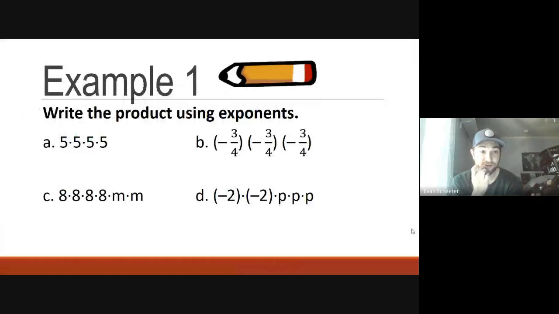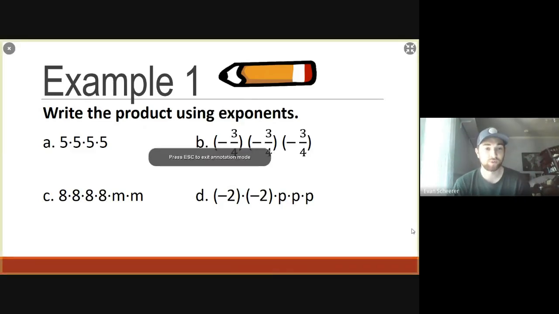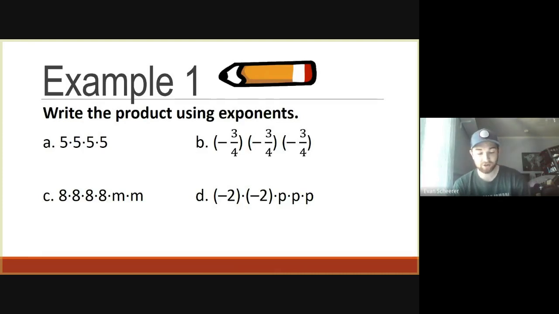So example 1, write the product using exponents. Remember, an exponent is a number that has a base and it has the exponent. And remember, this is multiplication. So we're just rewriting all of these problems so that they are in the form of an exponent.